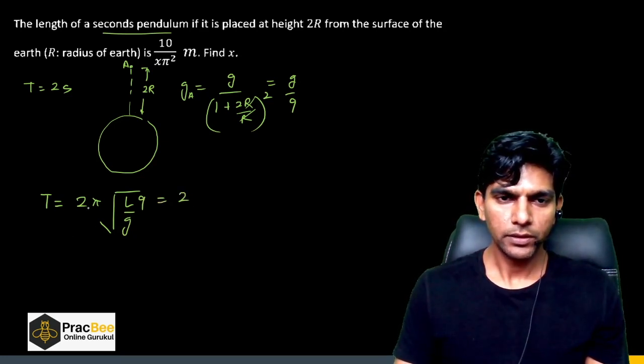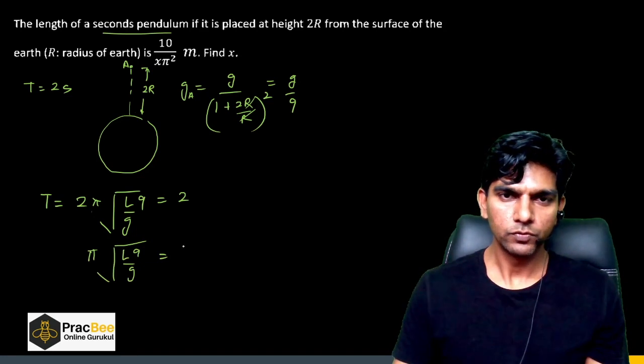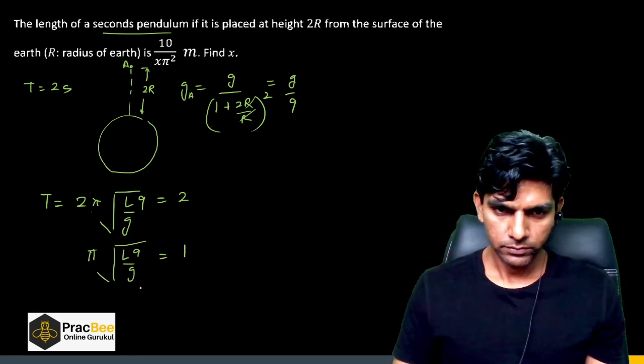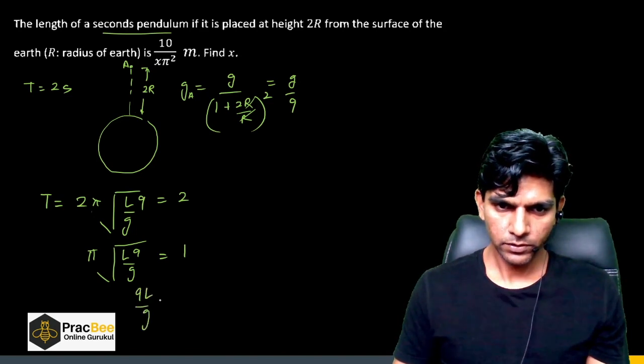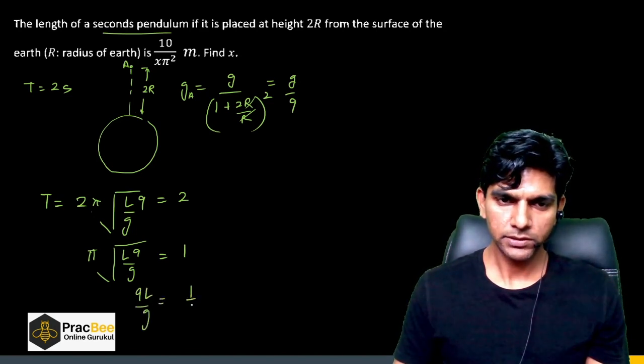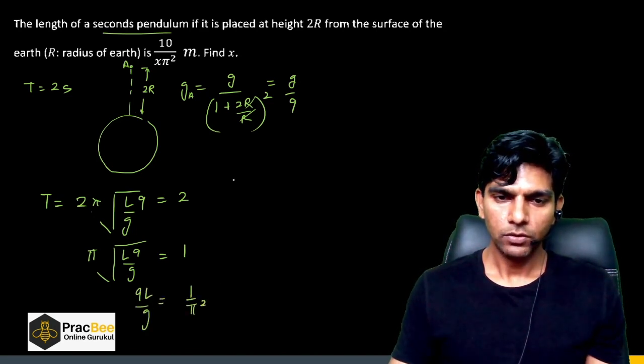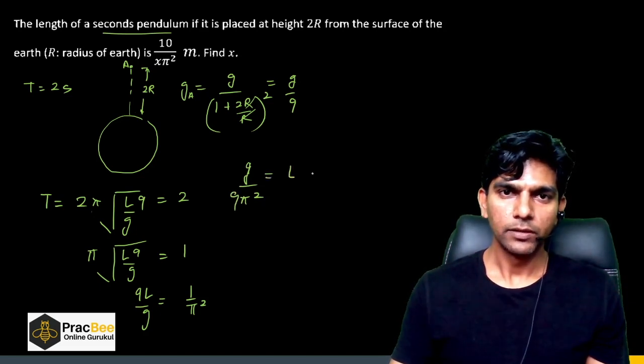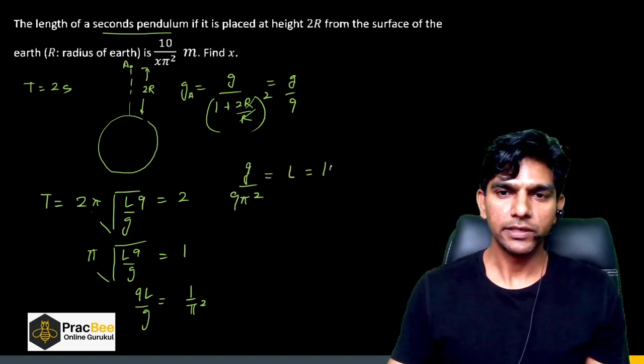So from here I can say pi root of 9L by g is equal to 1. If I take the square, 9L by g is equal to 1 by pi square, or we can say g upon (pi square times 9) is equal to L, and the length is given as 10 divided by x pi square.